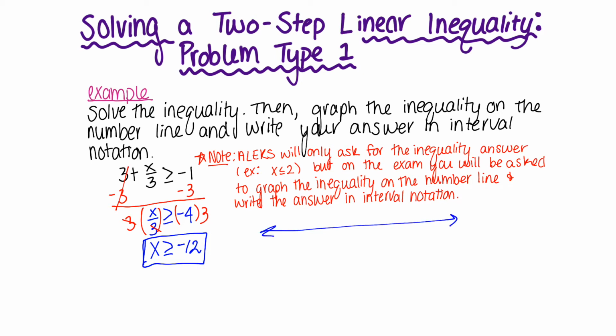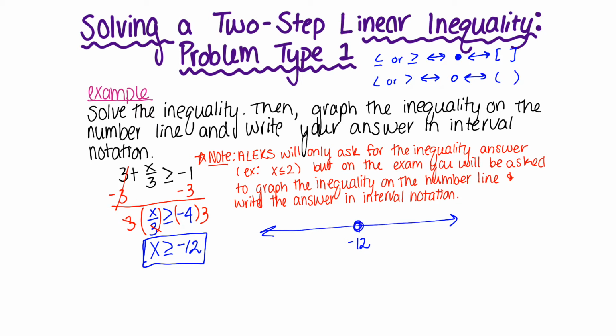For your interval notation answer, here's -12. It's a greater than or equal to sign, so remember if you have underlines, this is going to translate to a closed circle on the number line, and then it translates to brackets in interval notation. If there's no underline on your inequality, that's an open circle on the number line, and parentheses in interval notation.